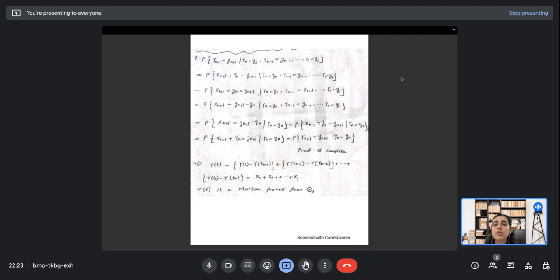So we will substitute Y(n+1) with X(n+1) plus Yn, and we can substitute the random variable Yn with its value, which is small y n. And then we can move all these terms to the right side. So the probability of X(n+1) equal to y(n+1) minus yn given all the previous states.